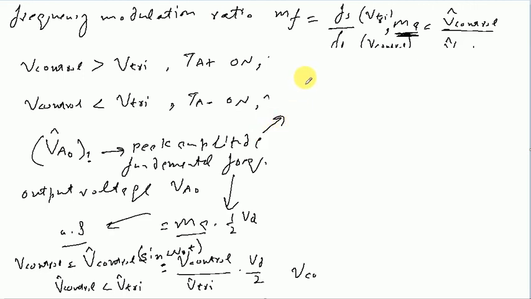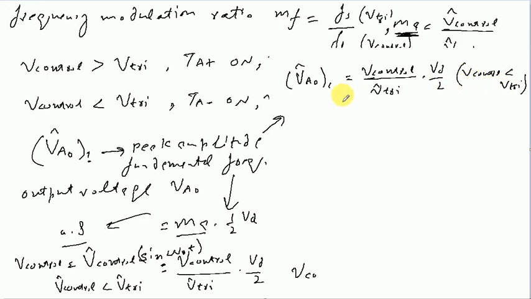I will rewrite this one again, that is, the peak amplitude of the fundamental frequency of the output voltage is equal to this. Keep in mind that for all these cases we had V control less than V triangular.